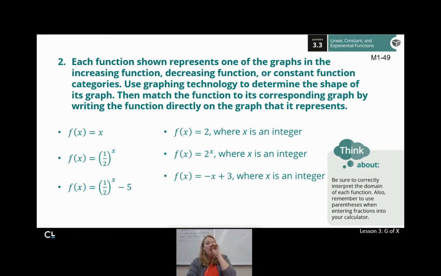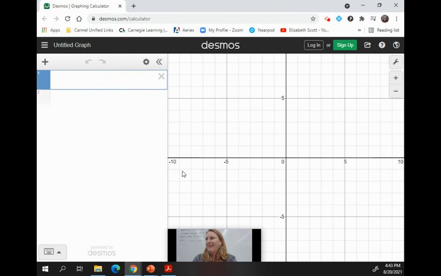So we're going to use graphing technology to determine the shape of the graph, and we're going to match them together. Are you ready? You're just going to put the letter of the graph that it matches right alongside it. And this is where Desmos comes in handy. Did you get Desmos up and running? I did. Oh, there it is. So you're going to just type in, and instead of f of x, you can type in f of x.